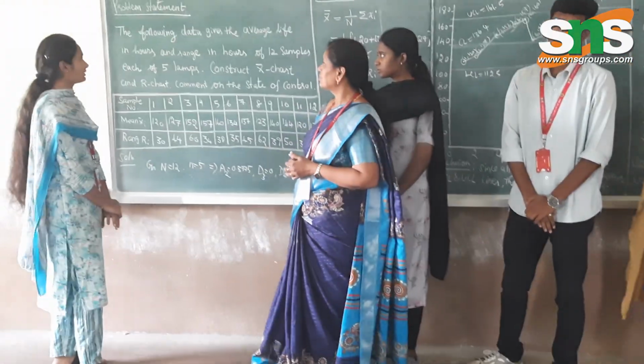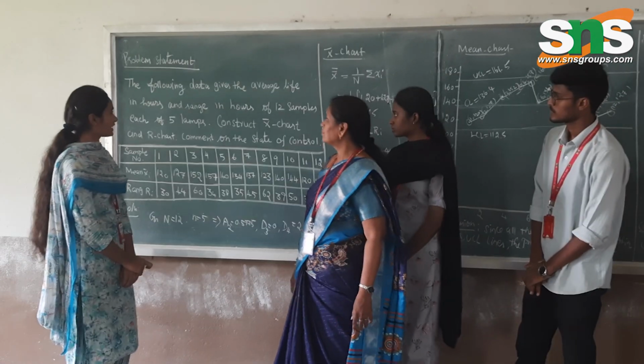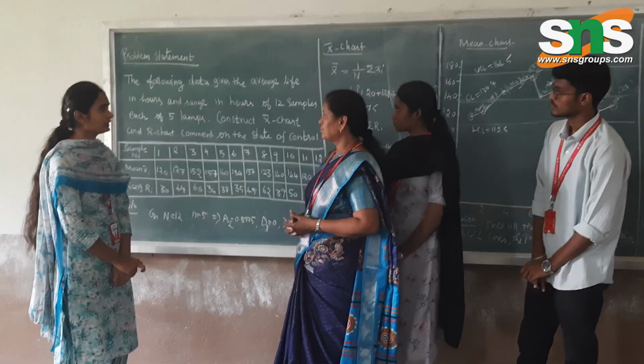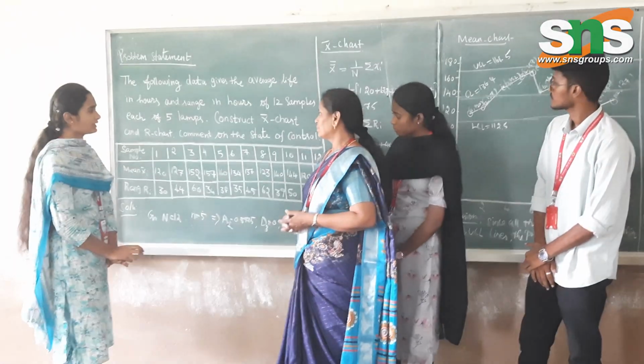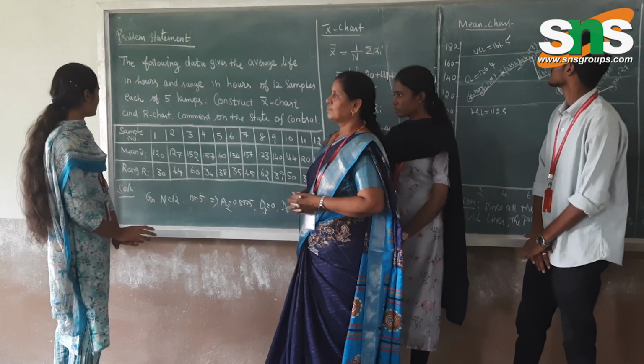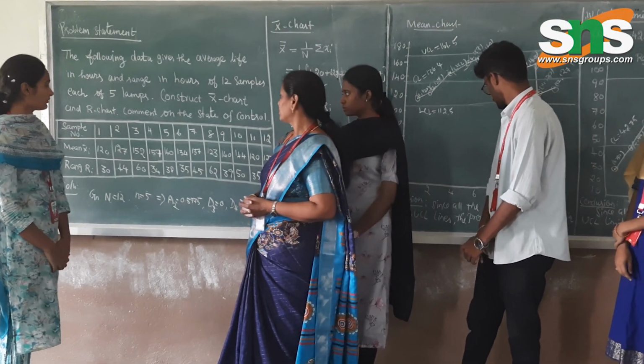The given problem statement is: the following data gives the average life in hours and range in hours of 12 samples, taking 12 samples of 5 lamps each. Construct the X bar chart, that means the mean chart, and the range chart, R chart. Comment on the state of control.